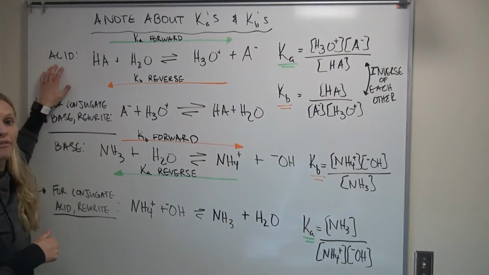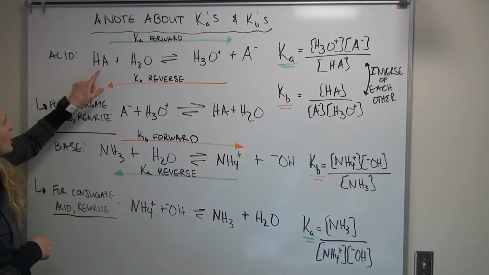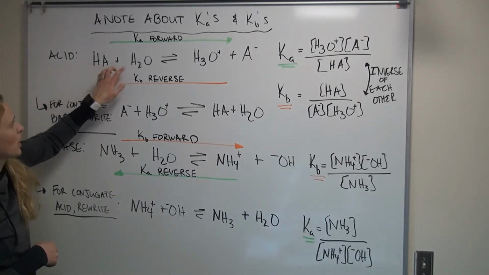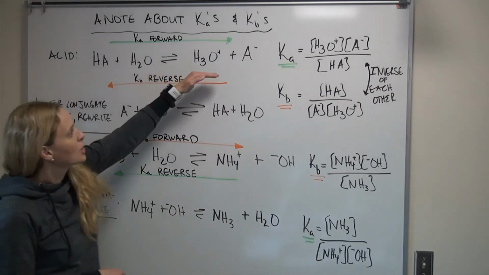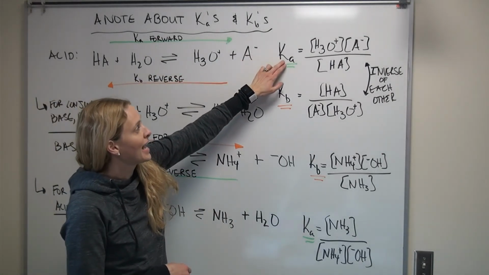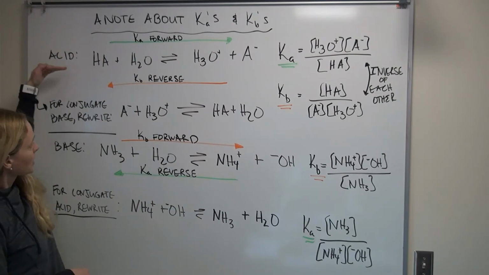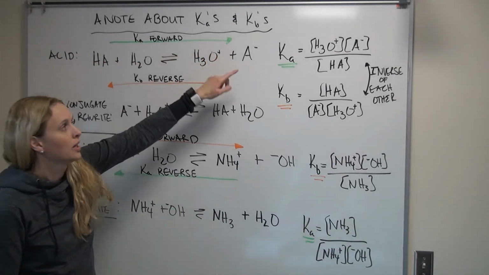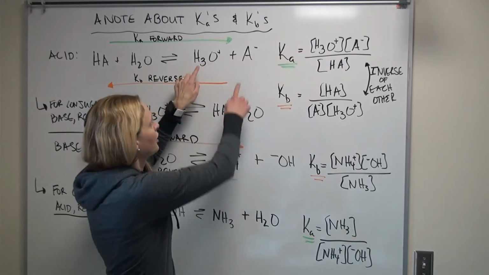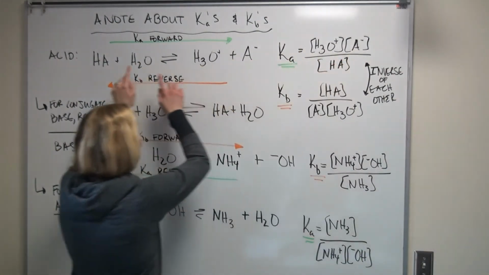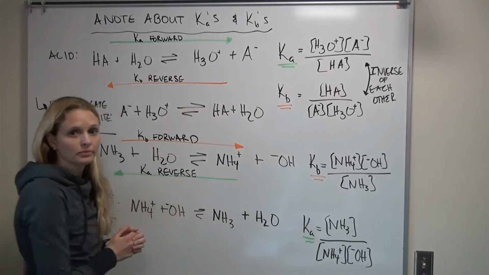For example, again, we have our generic acid equation, HA plus water forms H3O+ and A-. Okay, if I write the equilibrium dissociation constant Ka for that, this is the Ka in the forward direction. So my Ka would be typically what we just learned, concentration of the products over the reactants here, right?